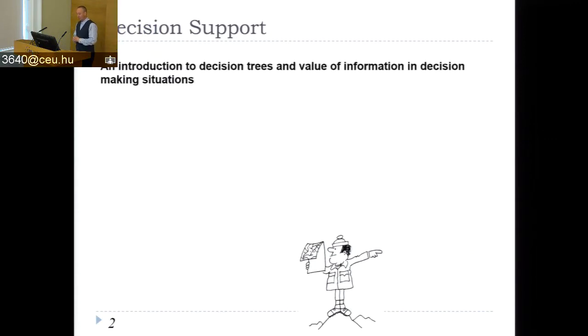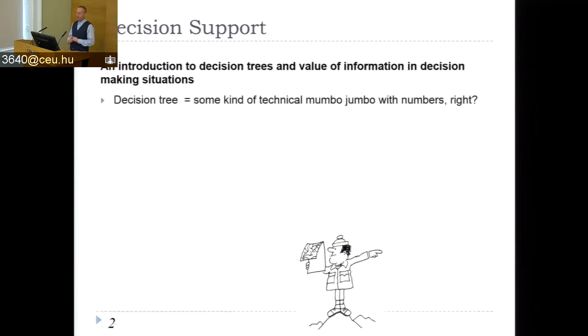When I introduce decision trees and value of information, I generally get two immediate feedbacks from the audience. Number one, some people have seen or in some cases even tried out a decision tree. And what people generally remember is that this is some kind of technical mumbo-jumbo, something to do with numbers, and only for people with a quantitative background.